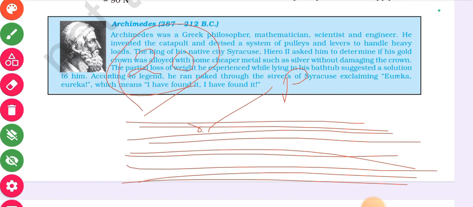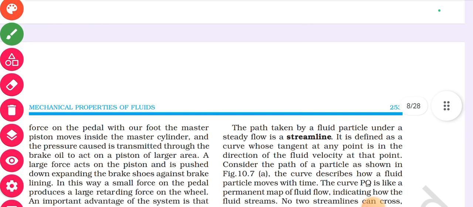So this is called streamline flow. Streamline flow is one in which, at a particular point, the velocity of each and every molecule passing through that point is equal. That is termed streamlined flow. And again we can come to what turbulent flow is.